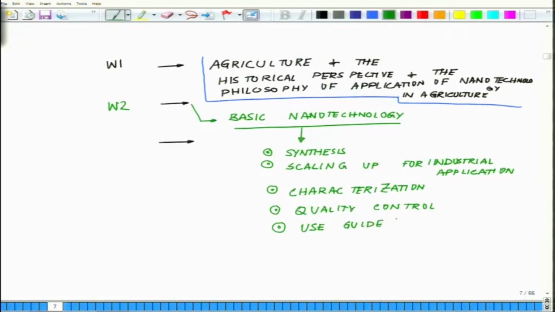This use guidelines will continue in every application we will be talking about.